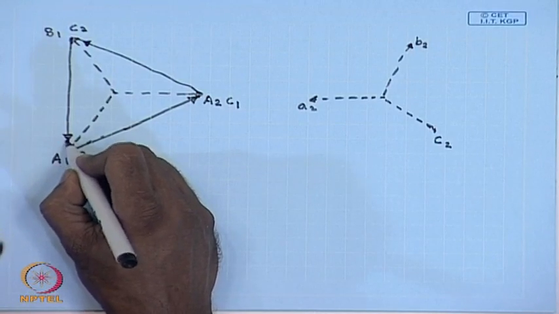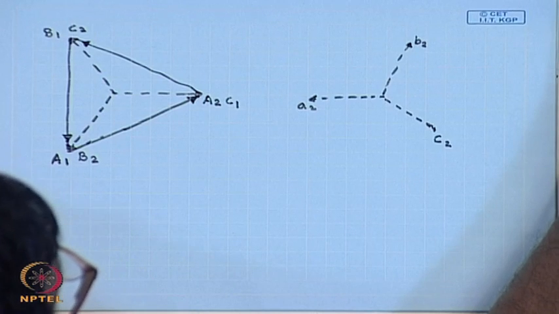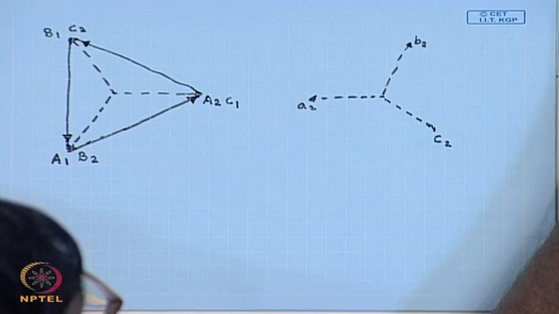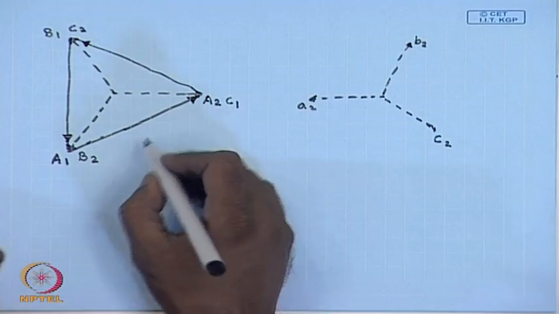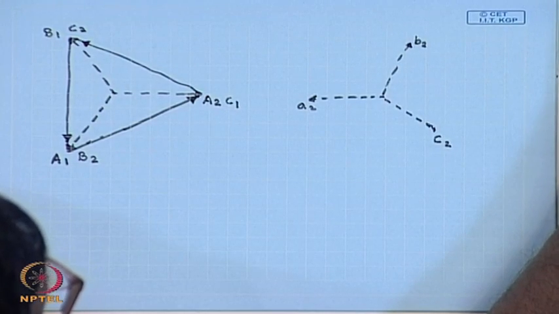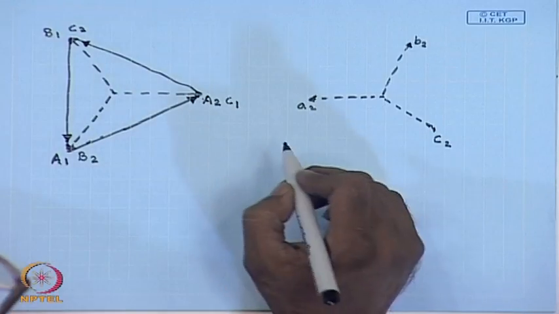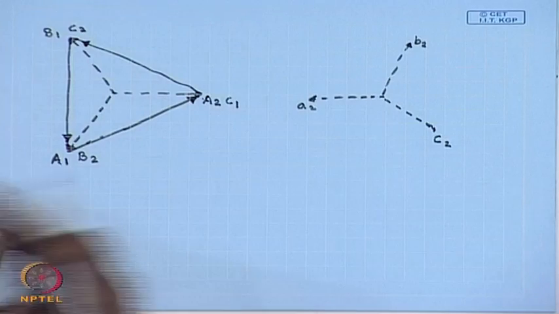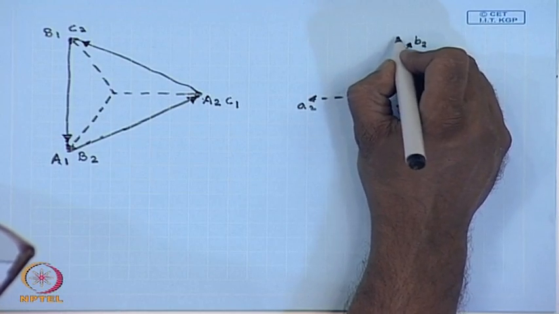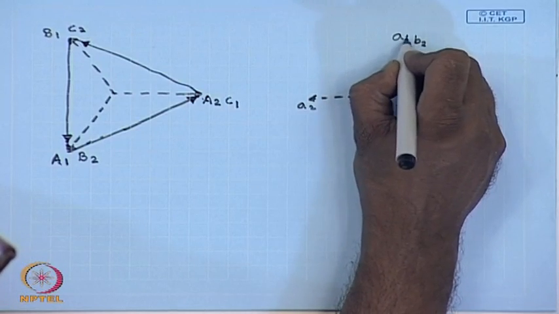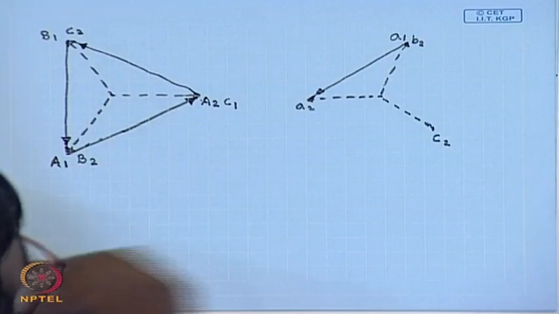On the low voltage side, corresponding A1 A2 should be in phase with the voltage, or will be parallel to the voltage A1 A2, therefore in phase opposition. So, if we say this terminal is A1, the phasor A1 A2 will be in this direction.